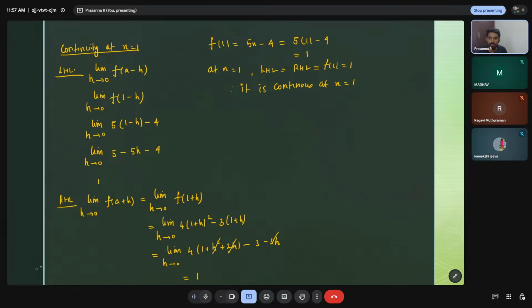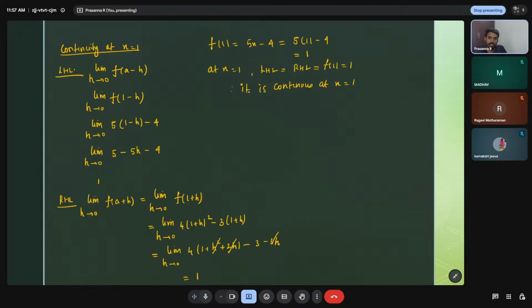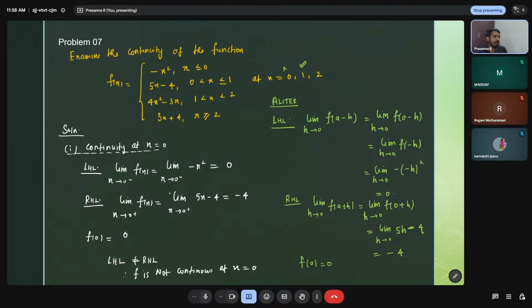Now similarly, you check the continuity at 2 also, right? At 0 it is not continuous, at 1 it is continuous. You check continuity at x equal to 2. So first you find LHL, the limit x tending to 0. You can do it any way, this way or that way.